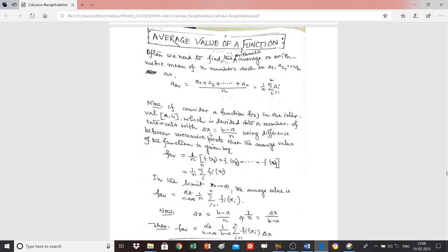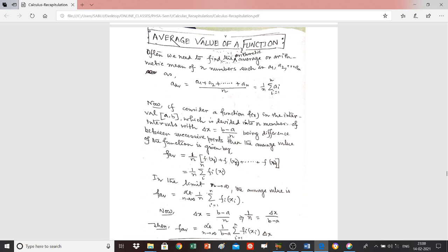So delta x can be written as (b minus a) by n, subject to the condition that each interval has equal width.